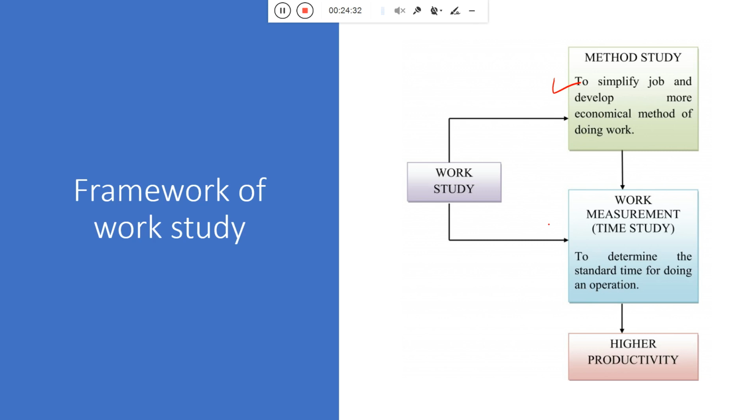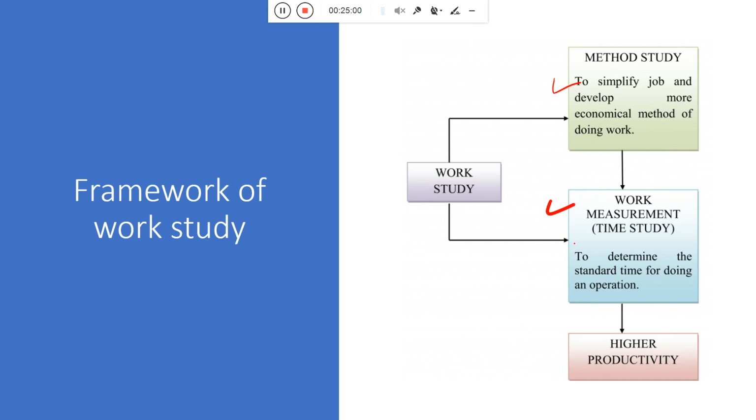Now you identify the method to produce that particular product. Just try to understand, you identify the method to complete a particular production. Now the next point: what is the time needed to complete that particular job by that particular method?